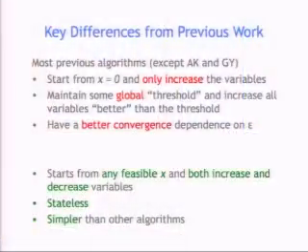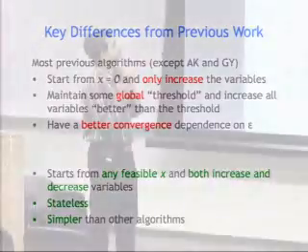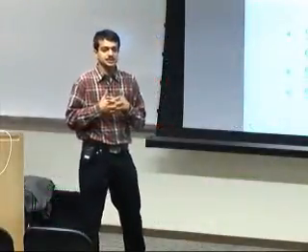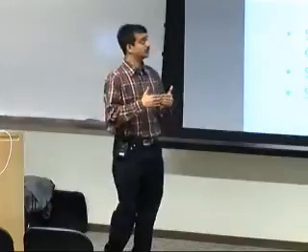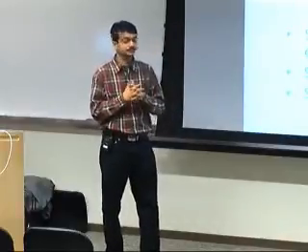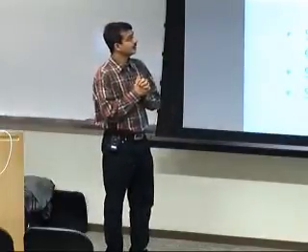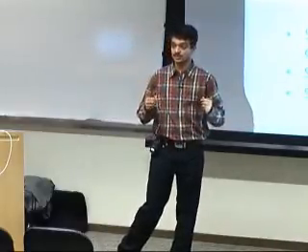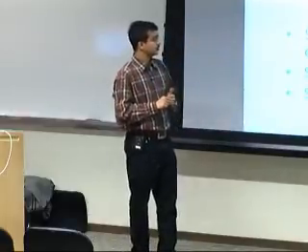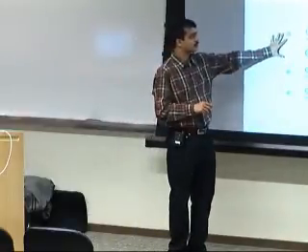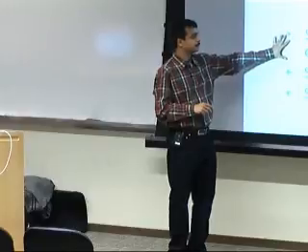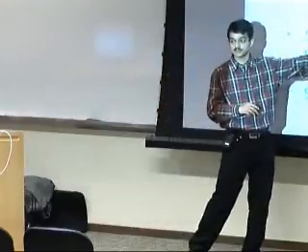Right, so on this slide I've briefly mentioned the key differences from previous work. Most of the previous algorithms start from 0 and only increase the variables. They maintain some global threshold information and increase the variables that are better than the threshold. On the other hand, we start from arbitrary feasible solutions.